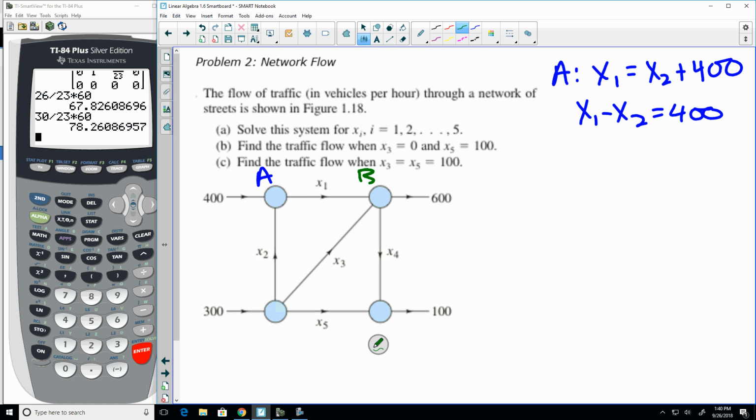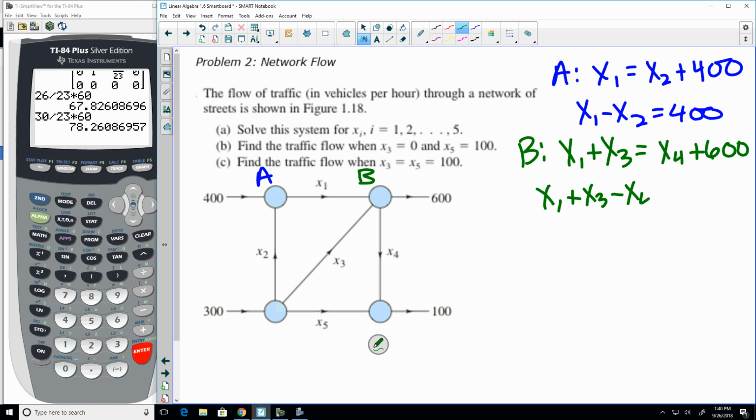Let's call this one B. What's going in? x1 and x3. It has to equal what comes out: x4 plus 600. Again, we want to move the variables all to the left, constants on the right.